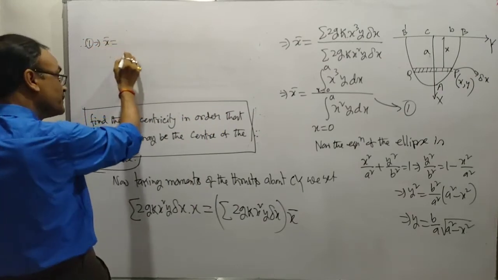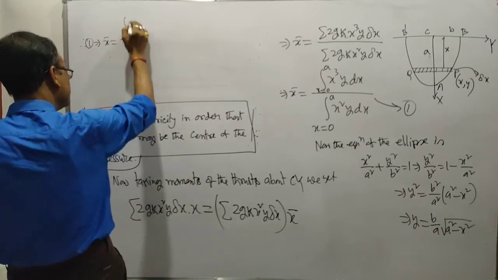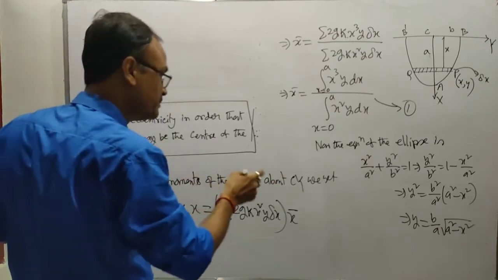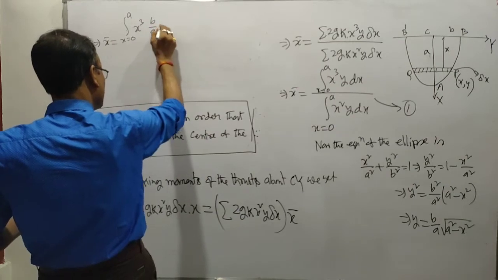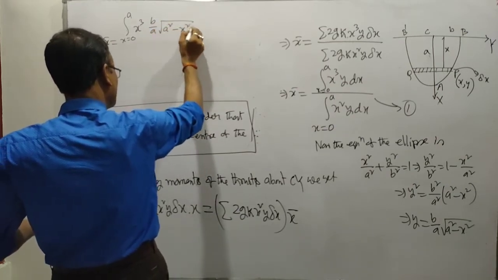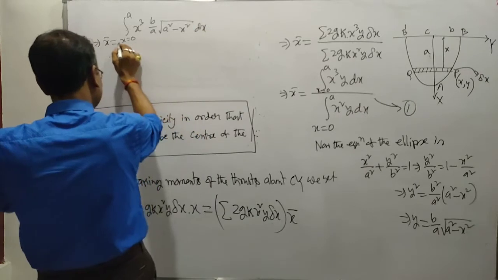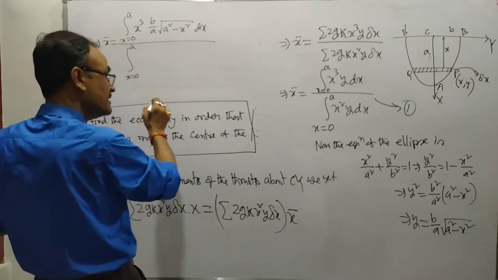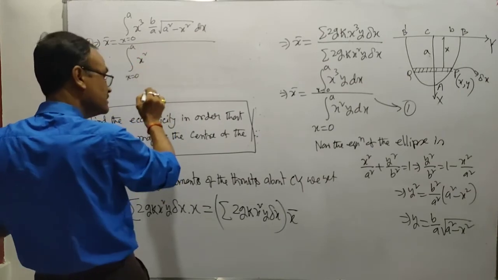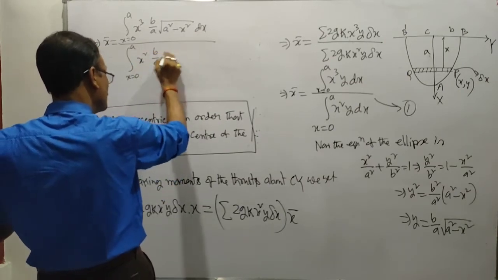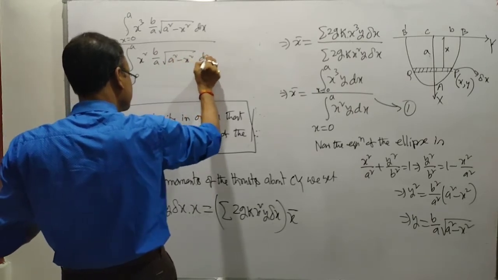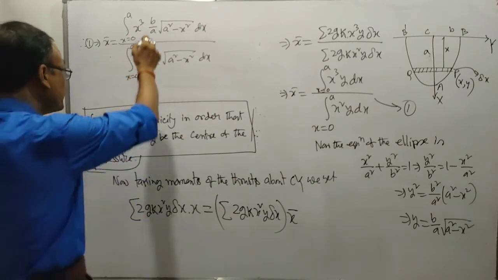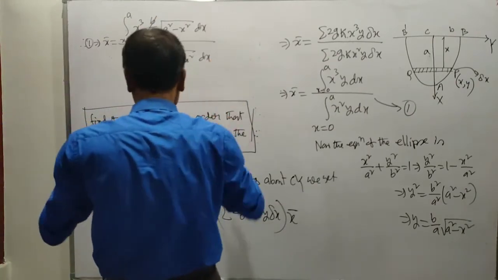Therefore, x bar equals the integration from x equal to 0 to a of x cube, with y meaning b by a root over a square minus x square dx, divided by the integration from 0 to a of x square, b by a root over a square minus x square dx. Now b by a will be cancelled.